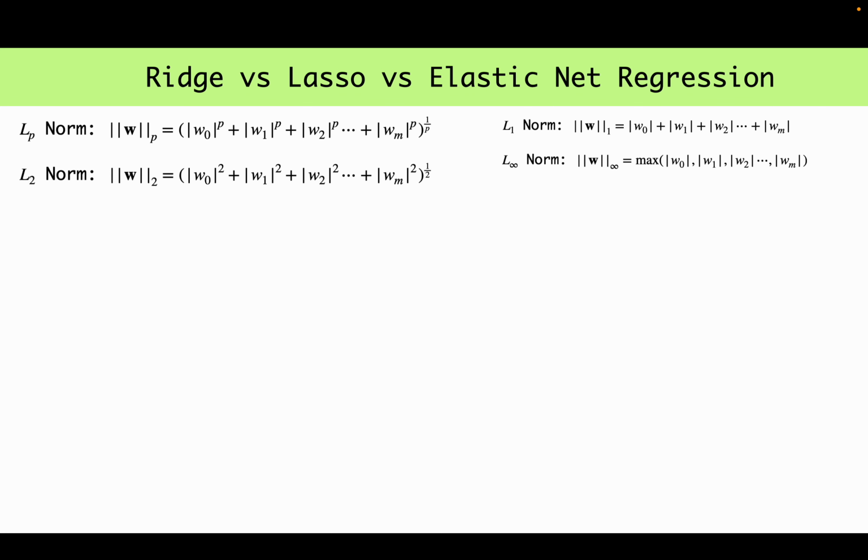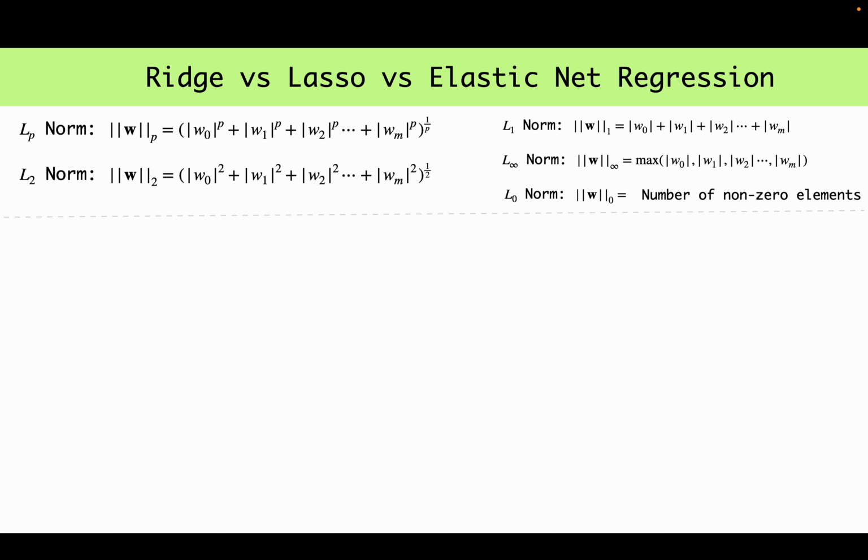L infinity norm would be the maximum among all the elements, because when you take the power as p, the element which is maximum will max out, and the rest all become smaller as compared to that maximum element. So L infinity norm would be the max of the absolute values, and L0 norm would give the number of non-zero elements in the W vector.